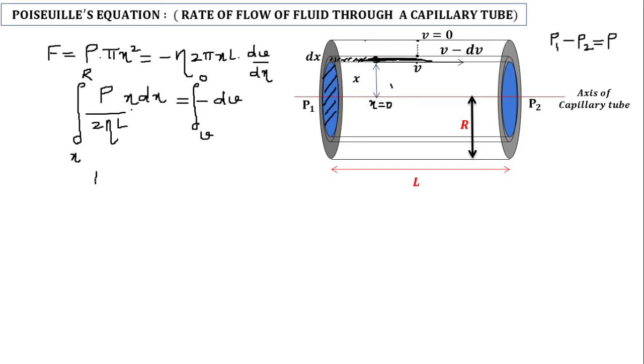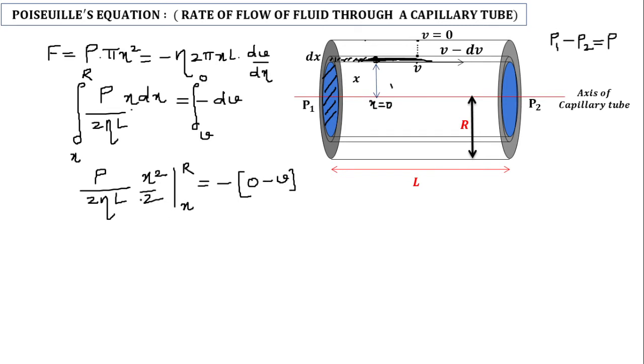So on integration, you have P, pressure difference, upon 2 eta L as constant, and integration of x is x square upon 2, and the limits are from x to R. And here the integration of dv is v, and there is a negative, so it becomes minus of 0 minus v.